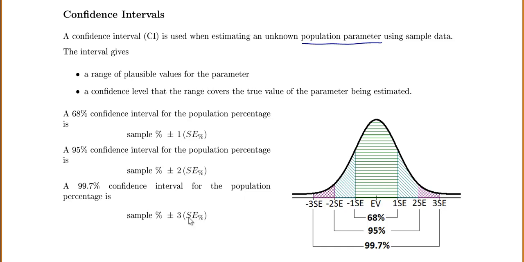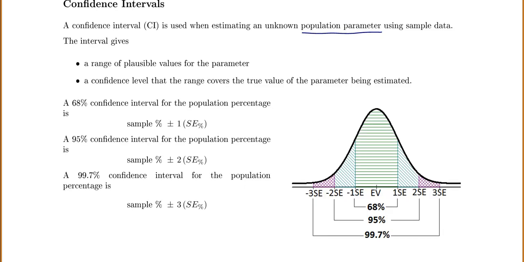That's because it comes back to the normal curve, where you have your expected value, and going out one standard error in either direction should contain 68% of all of your sample percentages, two standard errors should contain 95%, and three standard errors should contain 99.7% of all of your sample percentages. So once again: 68% is one standard error, 95% is two, and 99.7% is three.